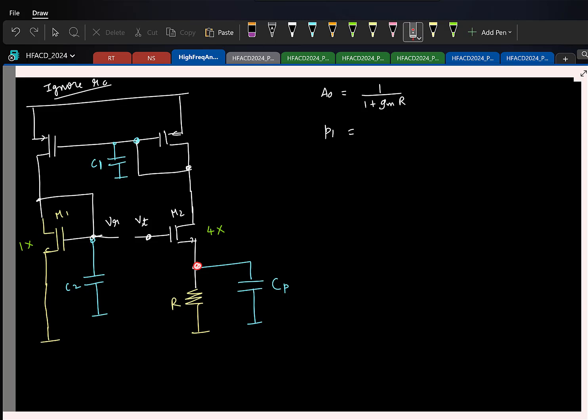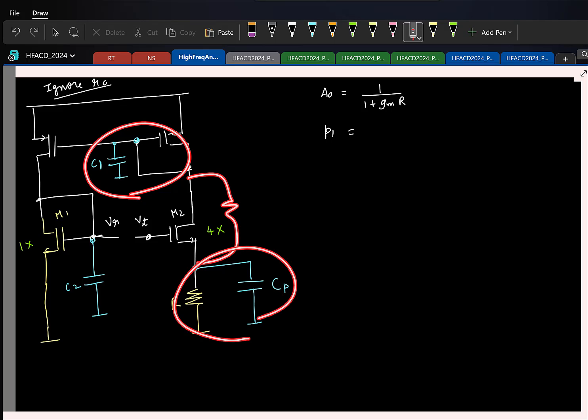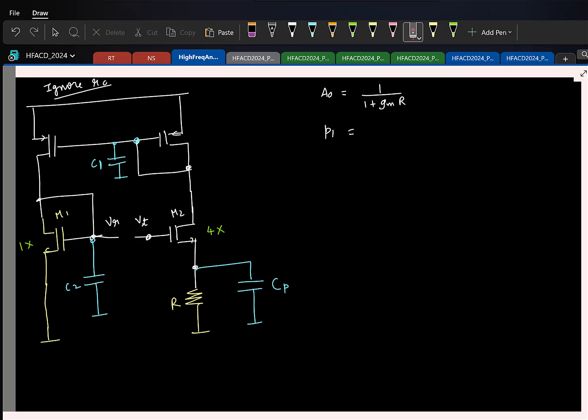Look at the total impedance here. Capacitance is Cp. What is the total impedance? R parallel 1 by Gm, right? Once again here, because I have ignored R0, there is no coupling between these two guys. So you can treat everything as an uncoupled RC section. So the poles are approximately the conductance by the capacitance, right?